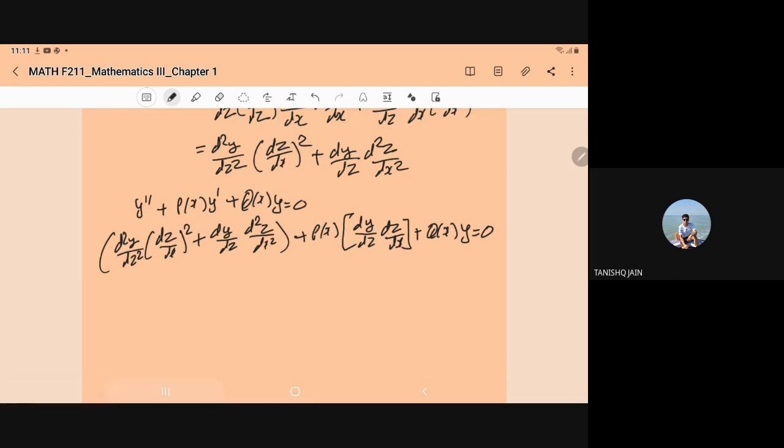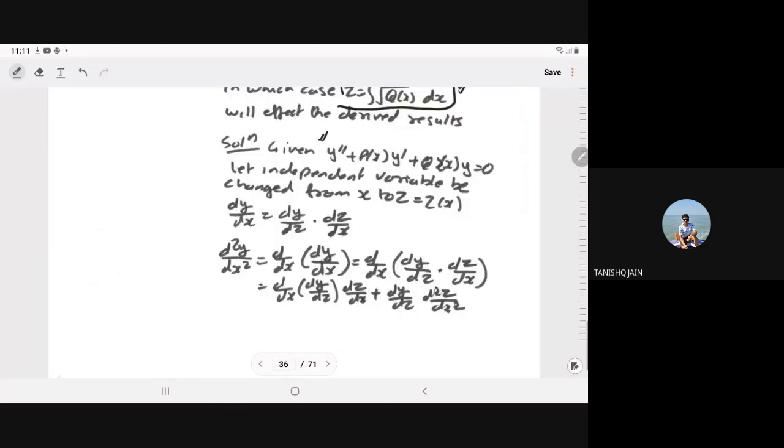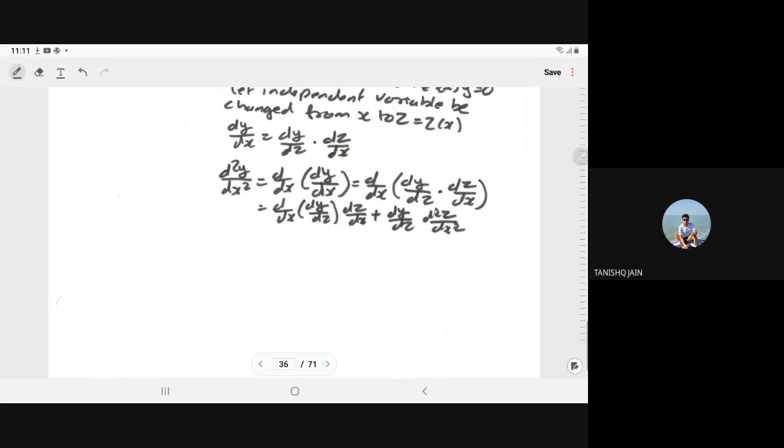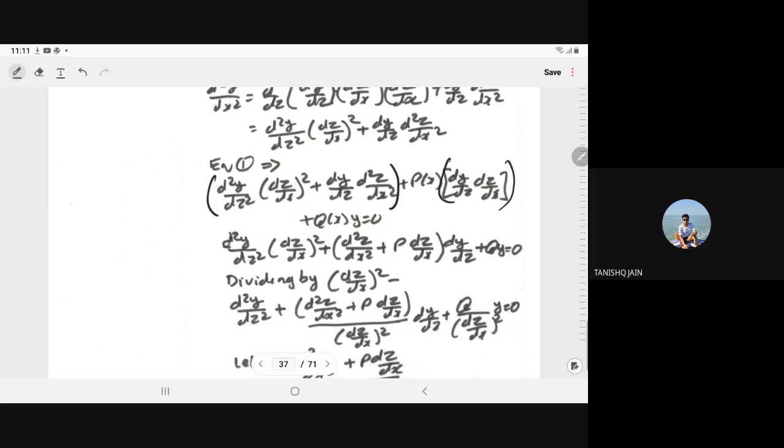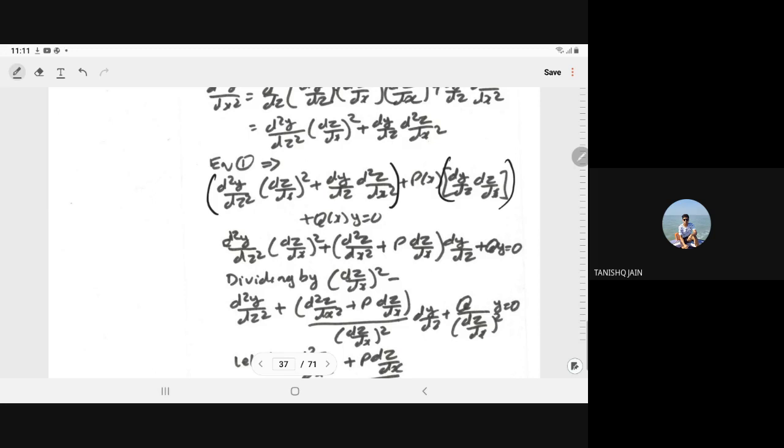So that is the substitution. On substitution, now we collect the coefficients.